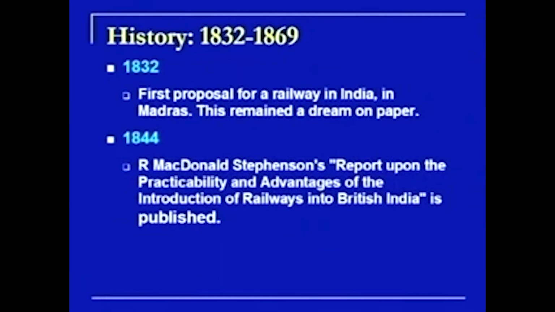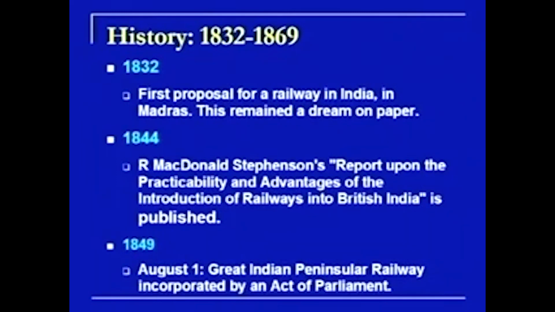Then there was another committee, named the MacDonald-Stephens committee, which submitted the report so as to look at the practicability or feasibility of providing railways in British India. That came in 1844.